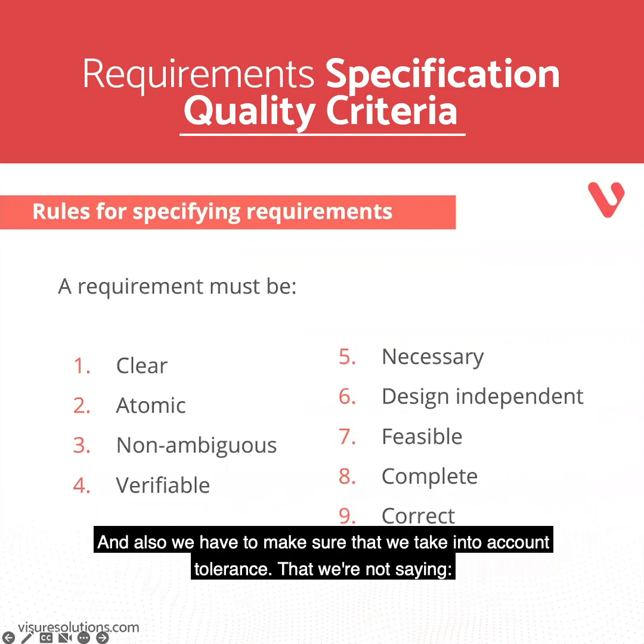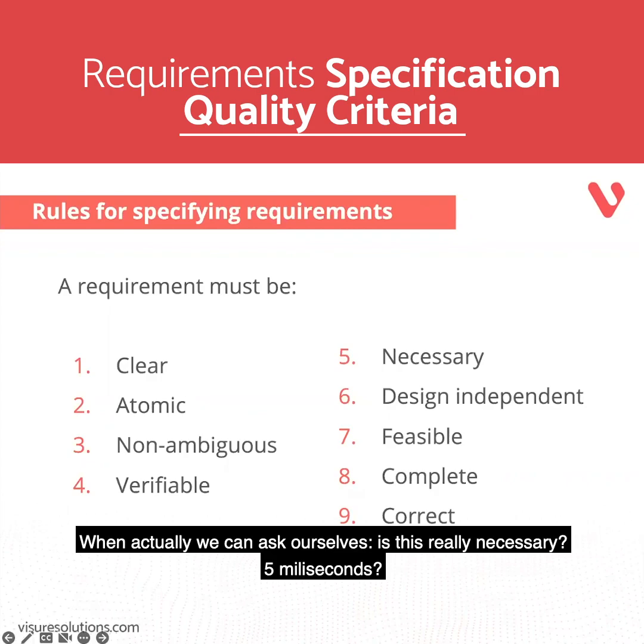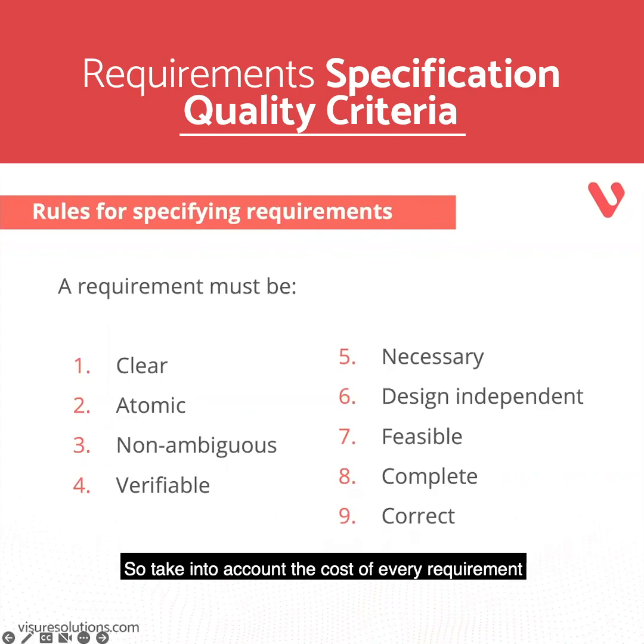And also, we have to make sure that we take into account tolerances, that we're not saying that the system shall have a performance of 5 milliseconds, when actually we can ask ourselves, is this really necessary, 5 milliseconds? I mean, for a user interface, the standard is between 1 and 3 seconds. So 5 milliseconds is an overkill. So take into account the cost of every requirement.